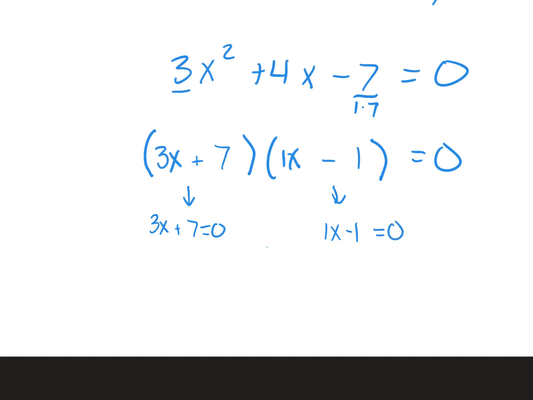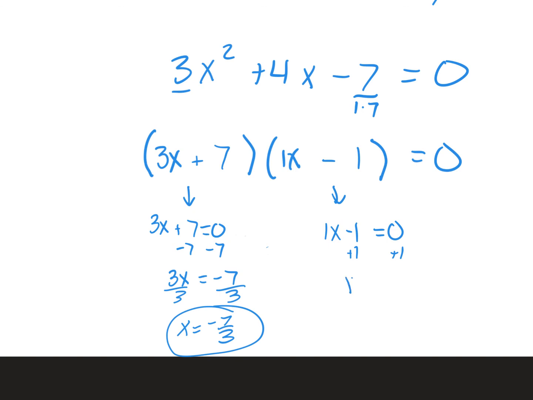And then you just have to solve those two equations. So one of my solutions would be -7/3. Just leave it as a fraction. And the other solution would be x is equal to 1.